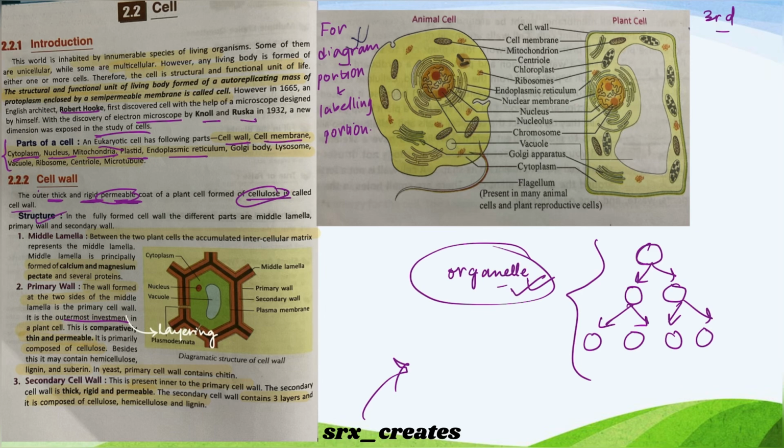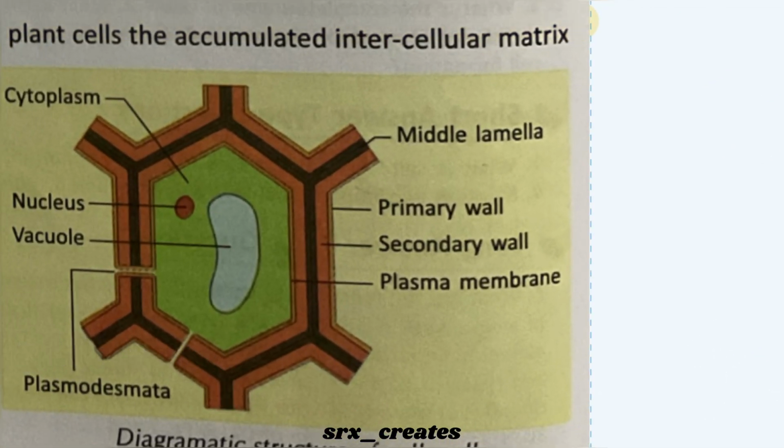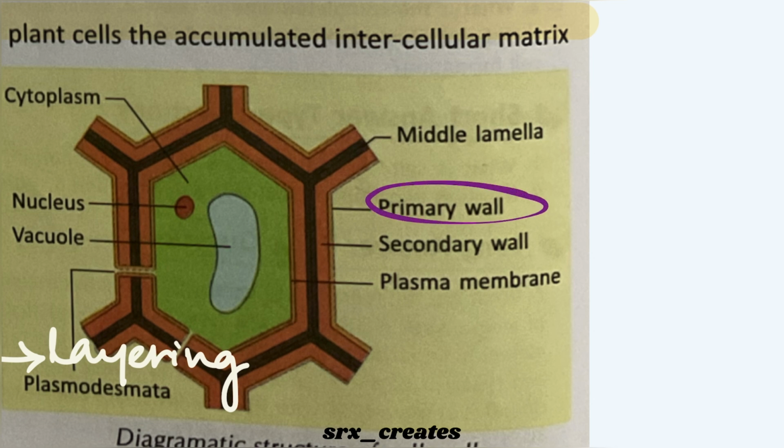Now structure. This is formed of middle lamella, primary wall, secondary wall. Now in this picture, carefully see that the primary wall is on the outside. Secondary is next to primary, and next to secondary there is middle lamella, and next to middle lamella there is again a layer, after which we get primary wall, plasma membrane.